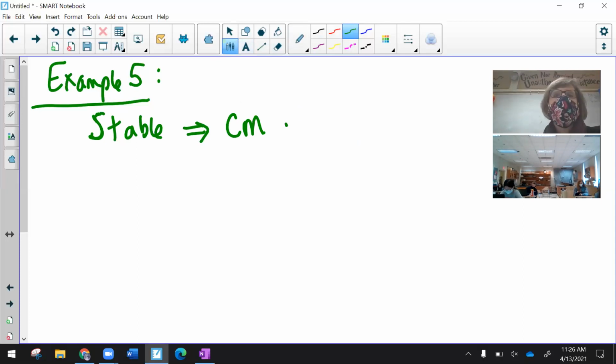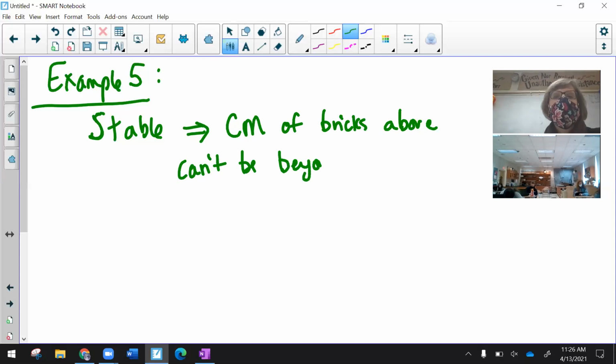Okay? So the center of mass of the bricks above can't be beyond the edge of the brick below.